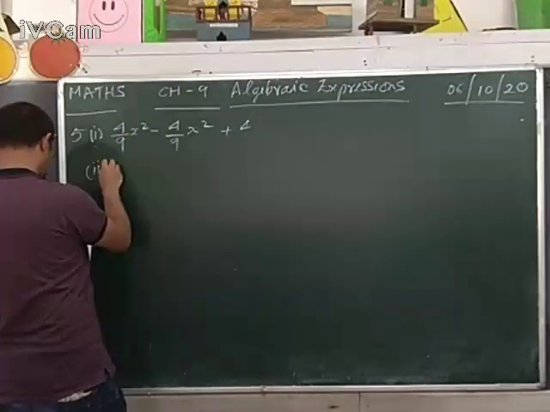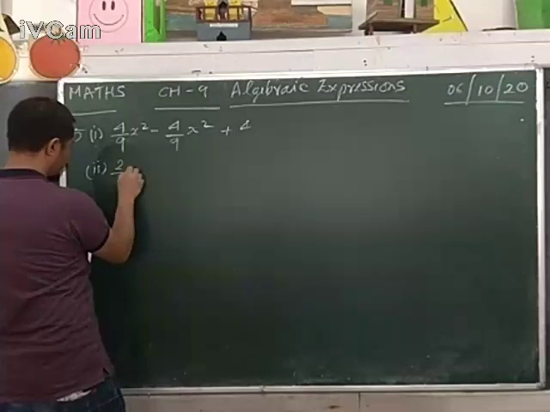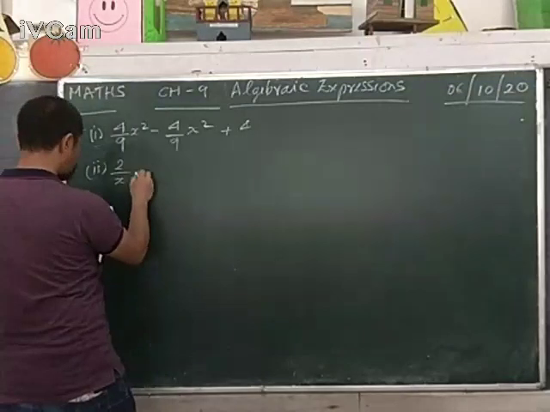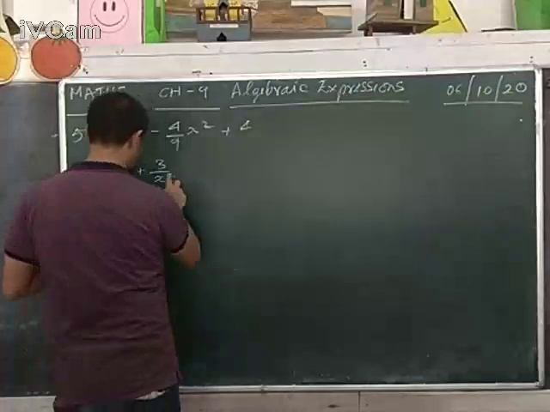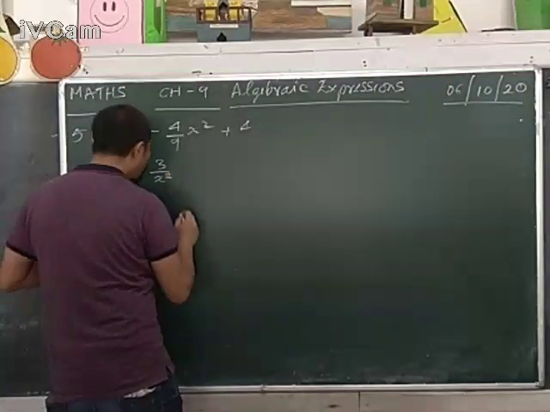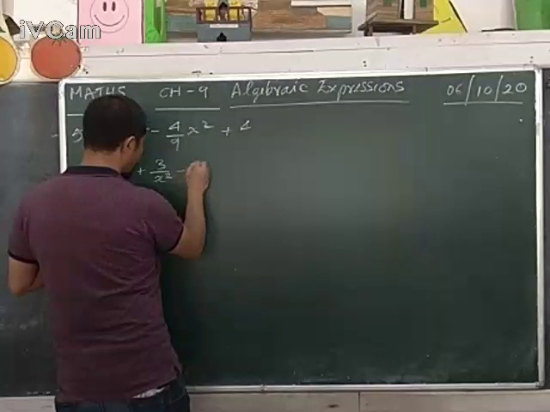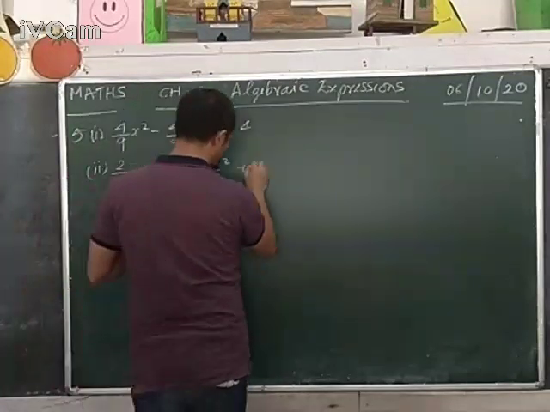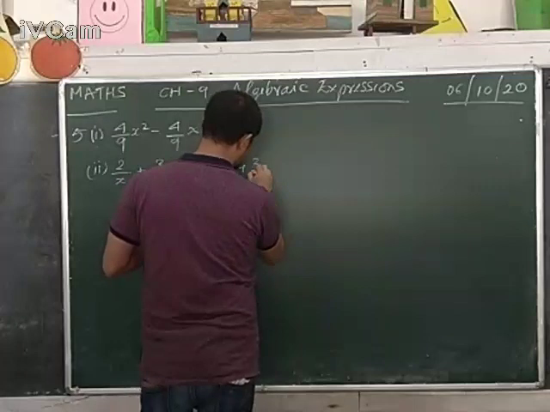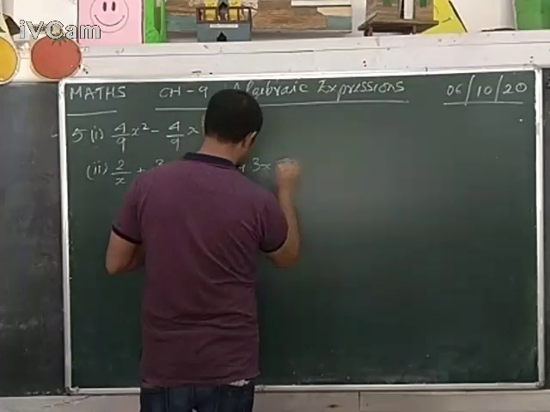Number 2: 2 by x plus 3 by x square minus 4x square plus 3x plus 2.